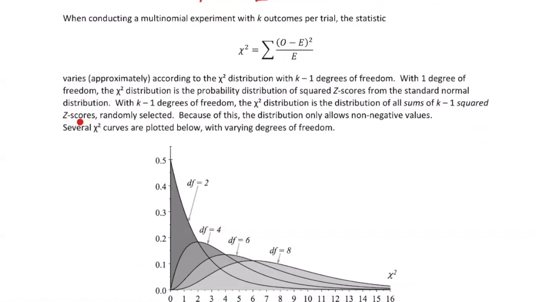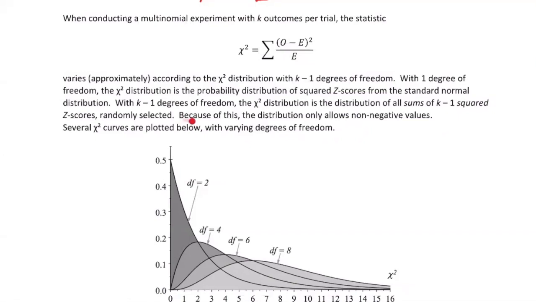You don't even get a z-score for the non-random observation. So you can see the width of this distribution depends only on how much randomness is in your chi-square statistic, not how many outcomes are in your experiment.